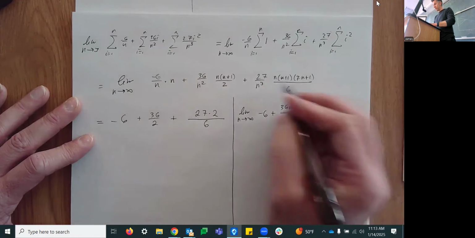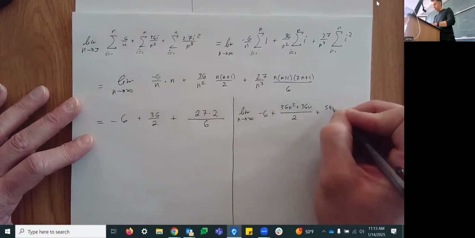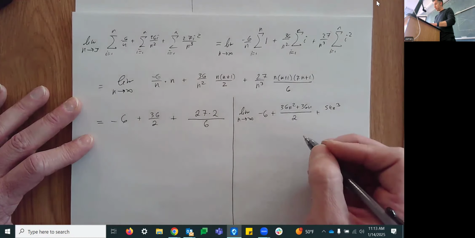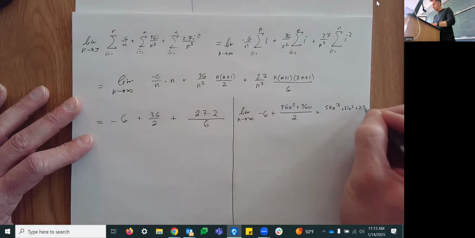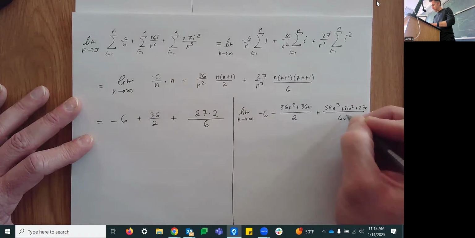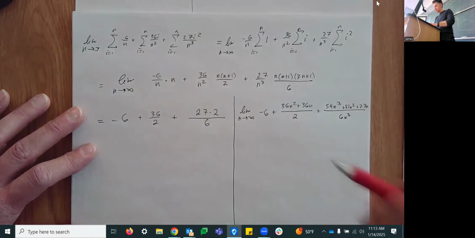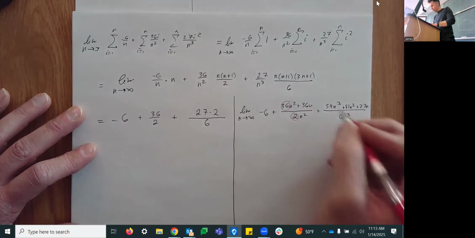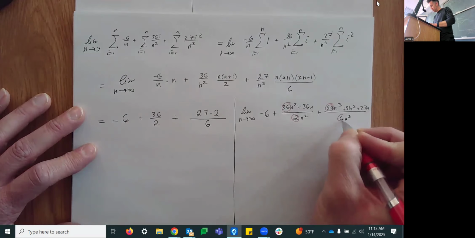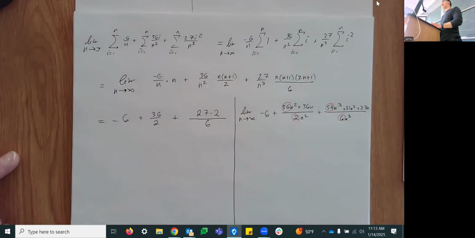If I actually multiply this next part, it's 54n cubed plus 81n squared plus 27n all over 6n squared. Sorry, I forgot an n squared on the bottom here. And I'm just looking at the quotients of the leading coefficients. But you shouldn't have to multiply it out to see what those quotients are going to be.